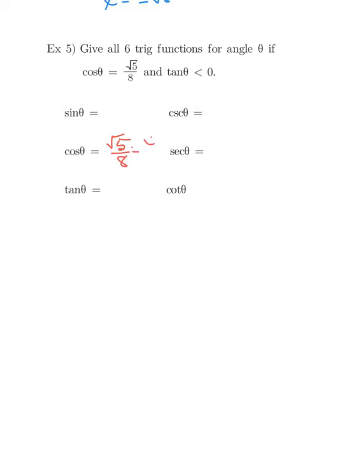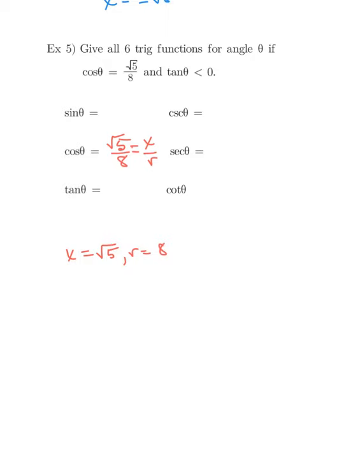It is x over r. Since the entire fraction is positive, then we know that each of those items is positive. Therefore, x equals square root of 5, r equals 8. What we don't know is y. And we have to think about the sign of y also.